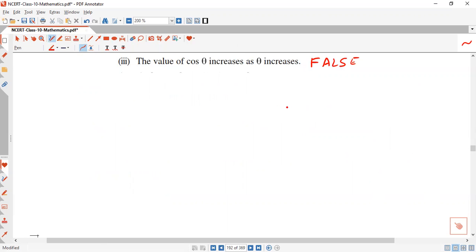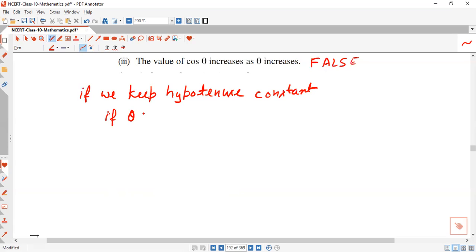So as theta increases, we know that if we keep the hypotenuse constant, and theta increases, the base of the triangle decreases.